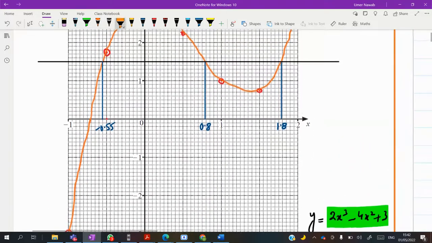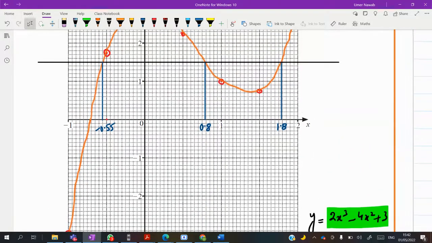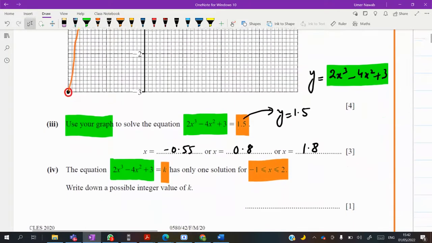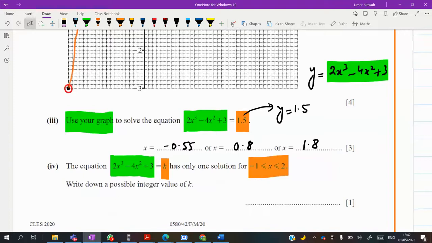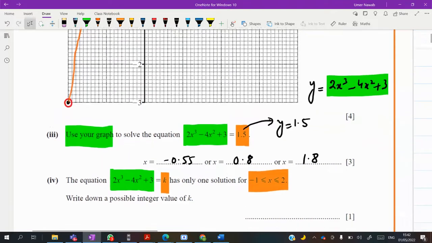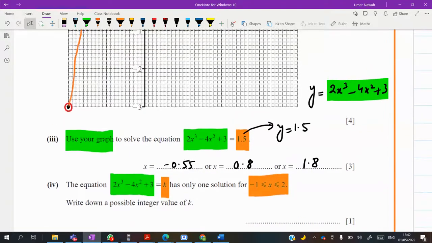Let me check, where is minus 1? He said that in that range, you have to tell the possible integers for which, when you draw the horizontal line, it will give you only one intersection with the graph, or one solution. Algebraically, one solution, and graphically, one cut.